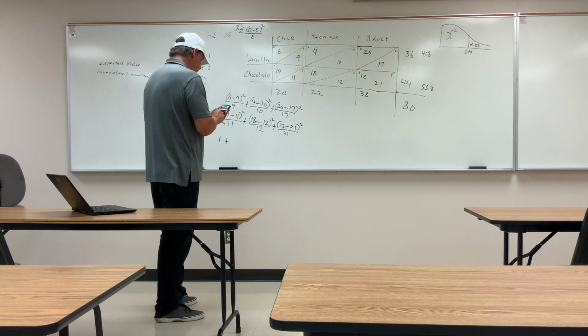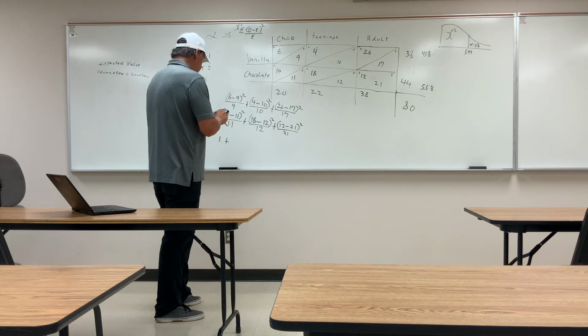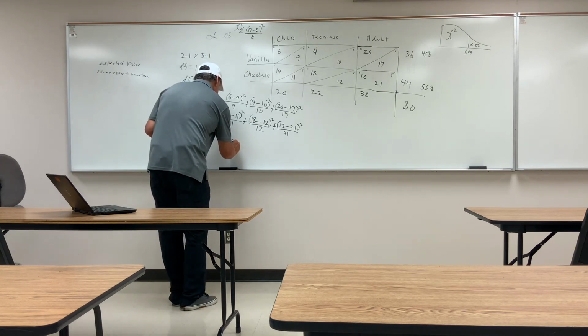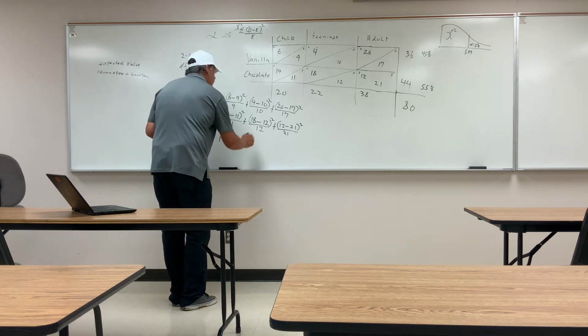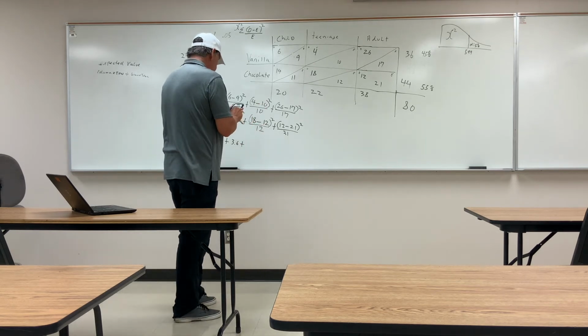Negative 6 squared is 36, and we're going to divide 36 by 10, and we get 3.6, plus 26 minus 17 is equal to 9.